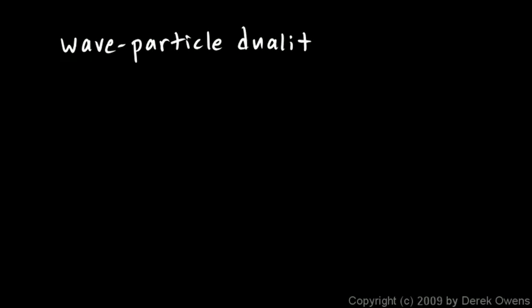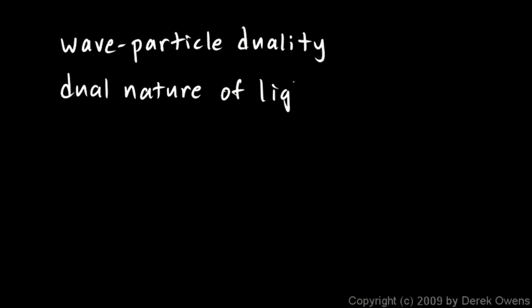Sometimes you hear the phrase wave-particle duality. And that's just a term to point out this dual nature of light. And that's another term you hear, the dual nature of light. It behaves as both a particle and a wave.